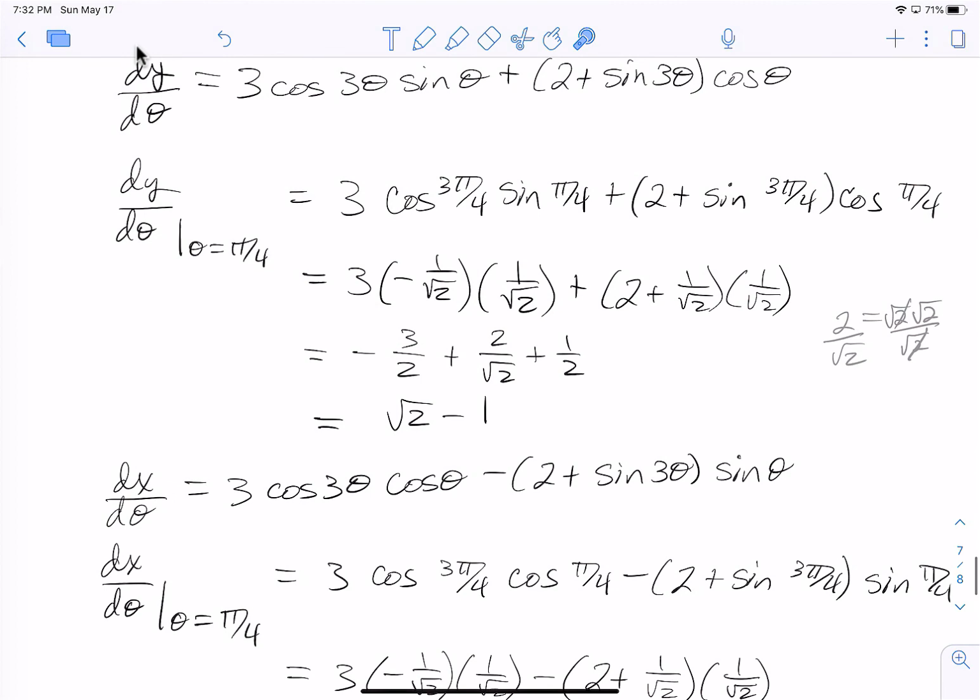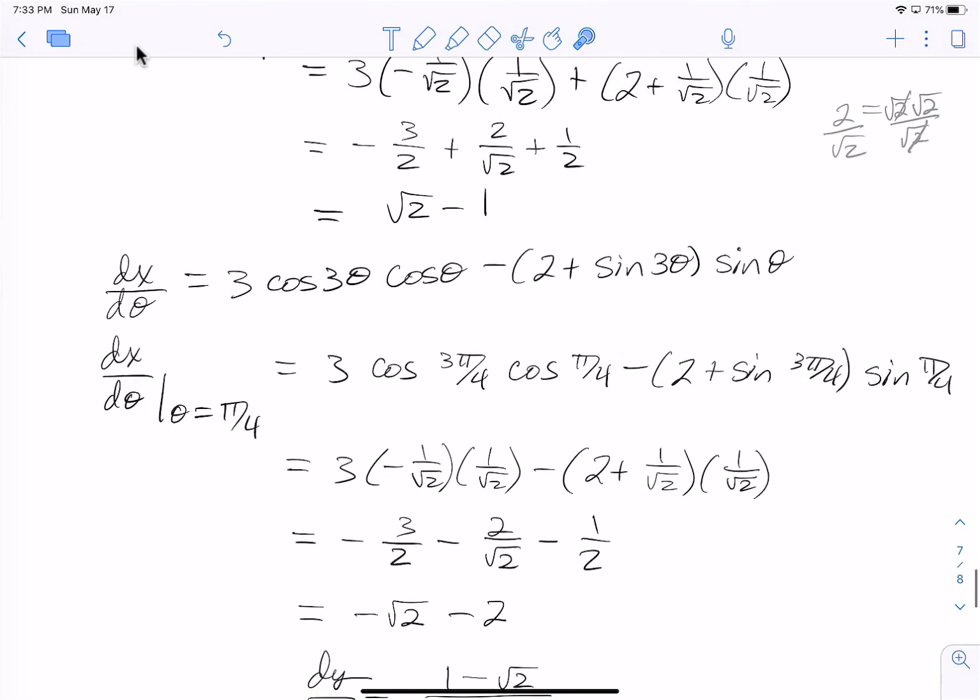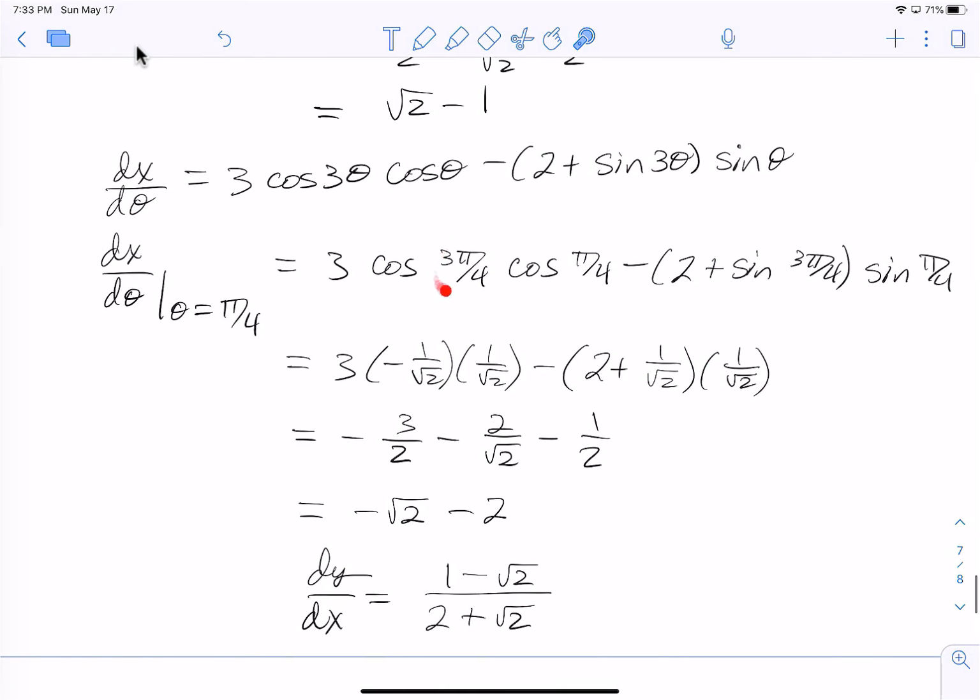Similarly, dx/dθ is equal to 3 times the cosine of 3 theta times the cosine of theta minus the quantity of 2 plus the sine of 3 theta times the sine of theta. Similar things happen with the 3 pi over 4 and the pi over 4. Cosine of 3 pi over 4 is the only one that has a negative value, and everything else has a positive.